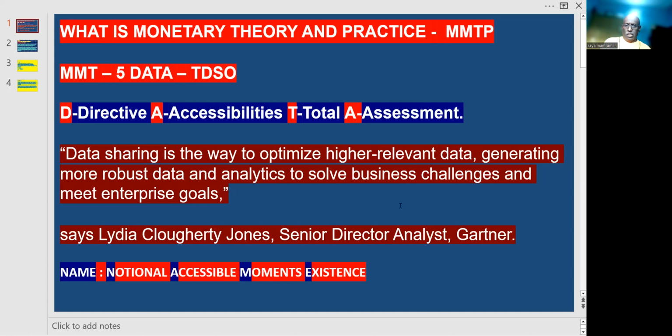So that is what we call the directive accessibilities in total assessment. It was in paper, and even now at present the paper value is more important than the digital value. But anyhow, in the last 10 or 15 years, the digital format is also in so many ways.